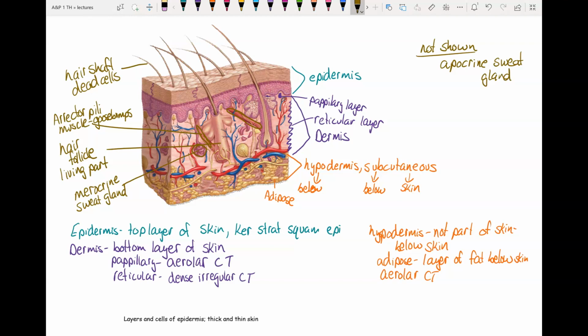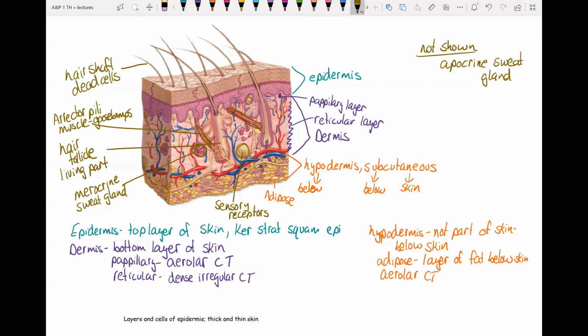The apocrine sweat gland is not included in this picture because you only have apocrine sweat glands in a few places of the body. All these yellow things here, such as here and here, these are sensory receptors. So your skin can feel a lot of things. It can feel touch, pain, pressure, temperature.